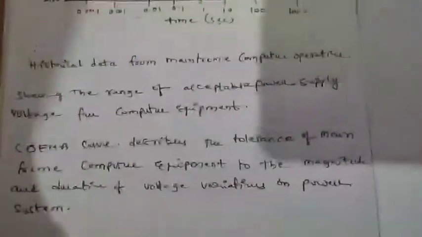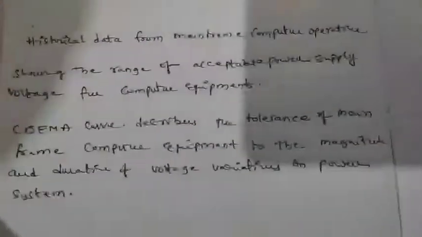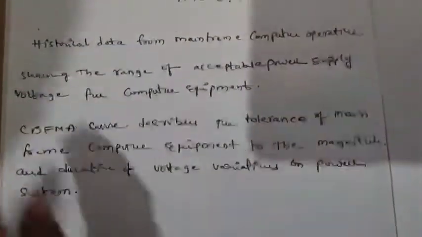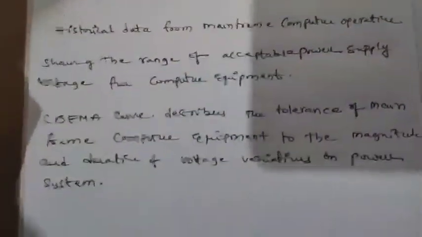That means the CBEMA curve describes what tolerance value changes will affect the computer from the power system.